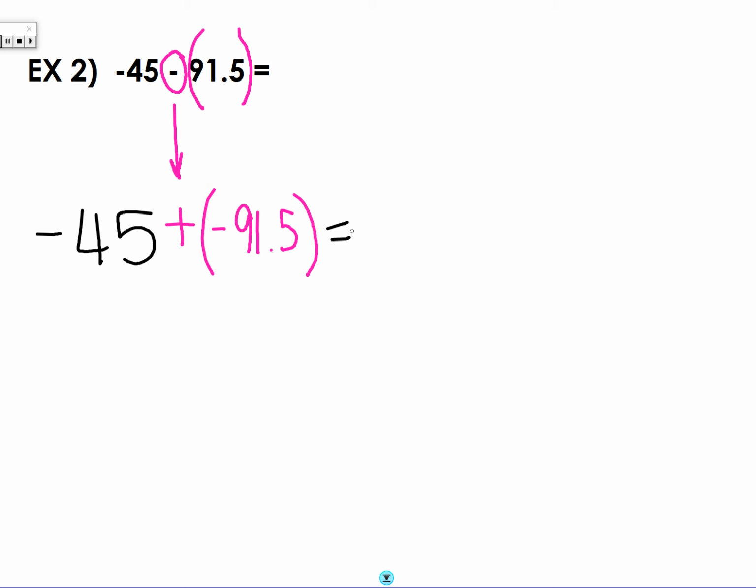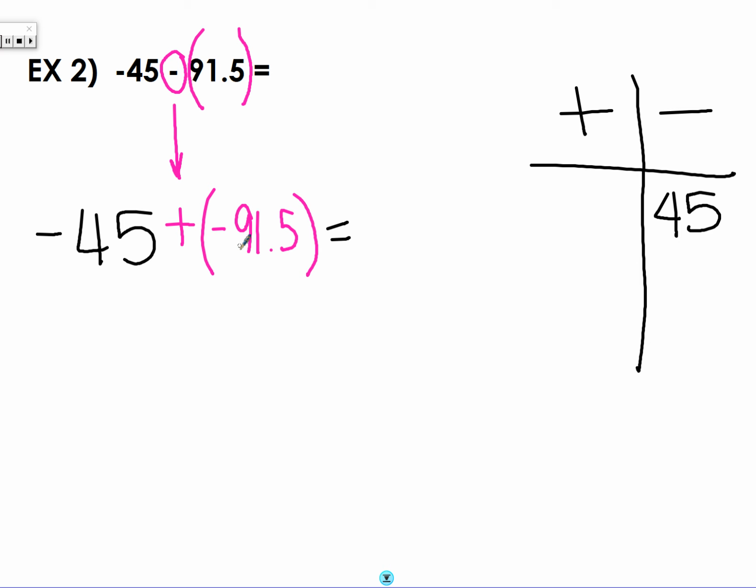So, using scoreboard, here's my positive team, here's my negative team, there's my scoreboard. Right now I see that the negative team has 45 points, and then here the negative team also has 91.5 points.